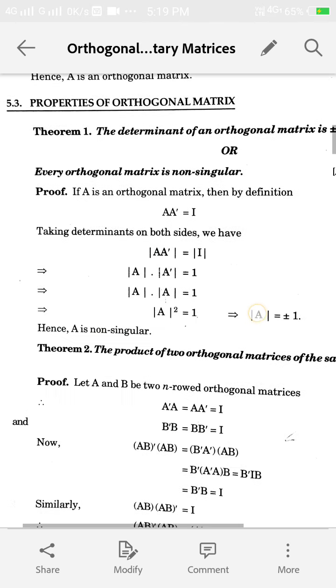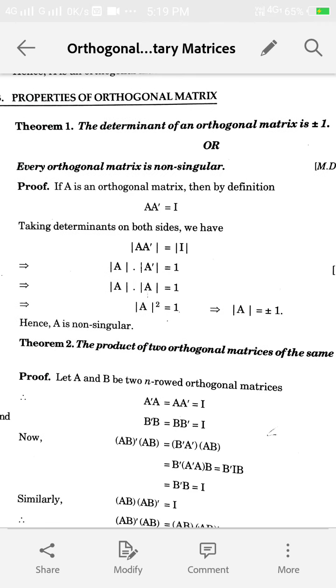Now we discuss the properties of the orthogonal matrix. The first property is that the determinant of an orthogonal matrix is plus or minus 1, or you can say we are to prove that every orthogonal matrix is non-singular. While proving it, first we assume that A is an orthogonal matrix.